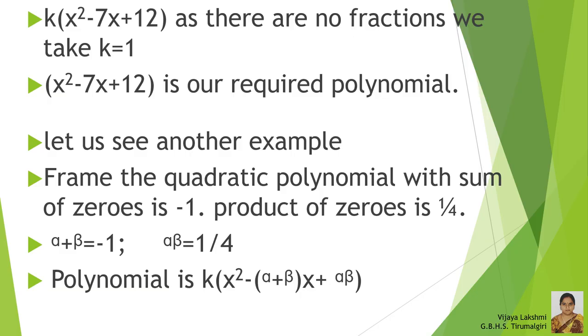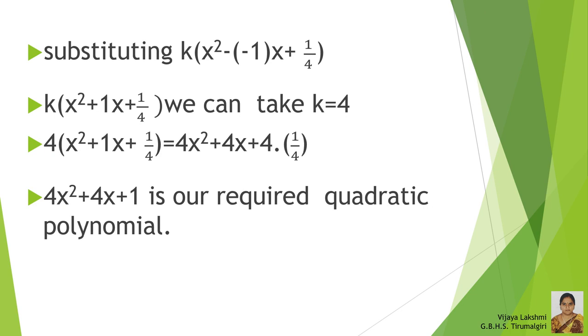So the polynomial is given by k into x square minus (alpha plus beta) into x plus alpha beta. Substituting in this, instead of alpha plus beta we take minus 1 and instead of alpha beta we substitute 1 by 4. So k into x square plus 1x plus 1 by 4.